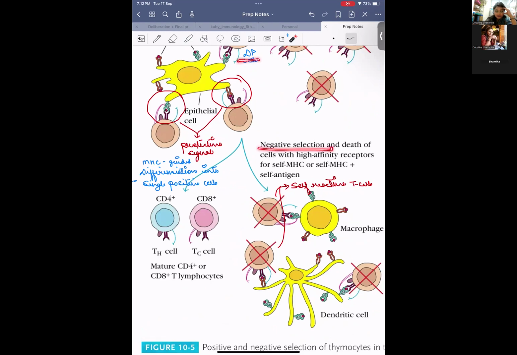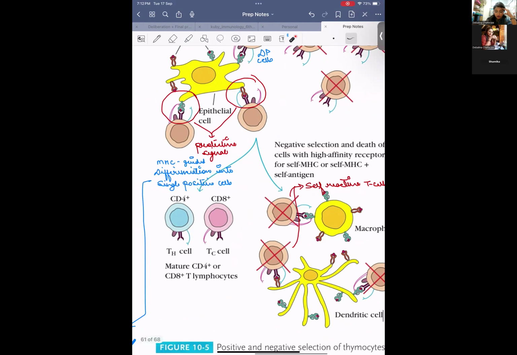So if the double positive cell has to now become single monopositive, either CD4 or CD8 positive, how does this double positive cell get into either CD4 or CD8 positive? If the interaction is happening with a class 2 MHC molecule, this cell becomes a CD4 positive cell.